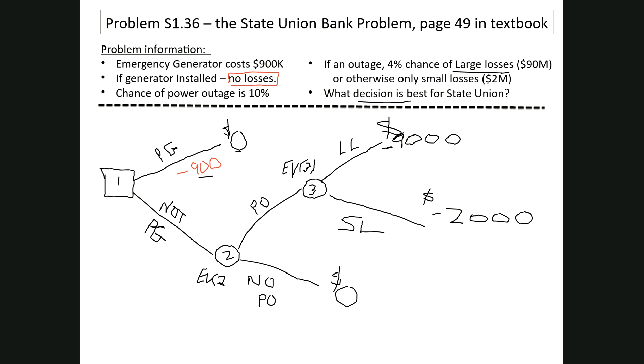And then what will you decide to do here at the decision? So at this point, I'm going to leave this problem to you. You should be able to work through it and solve it and calculate these expected values and calculate the expected value for this overall decision and help State Union Bank decide what to do.